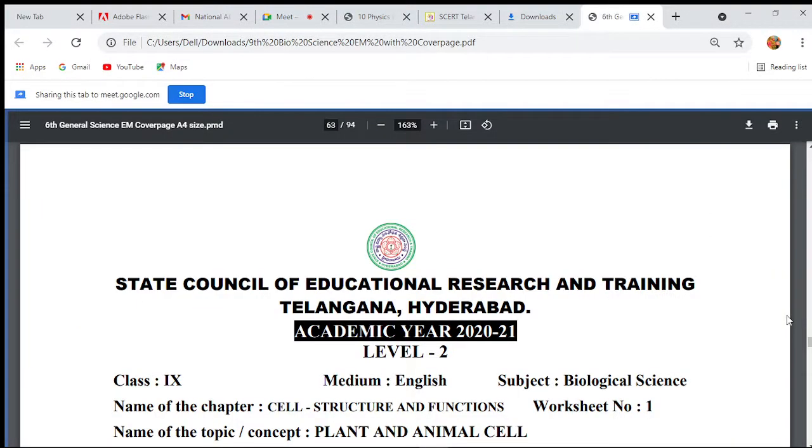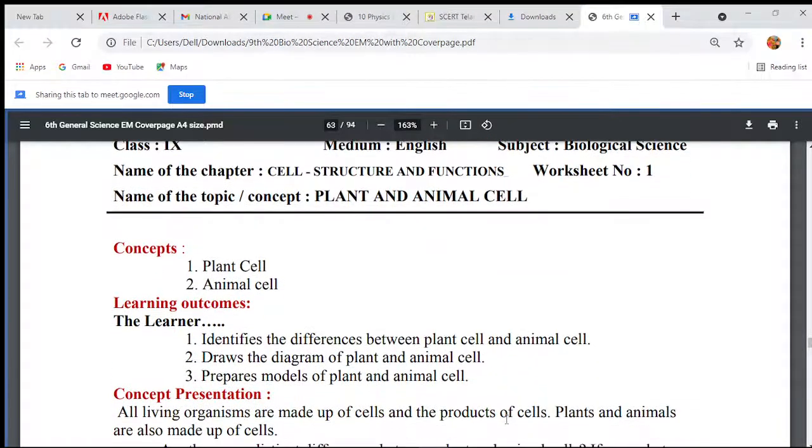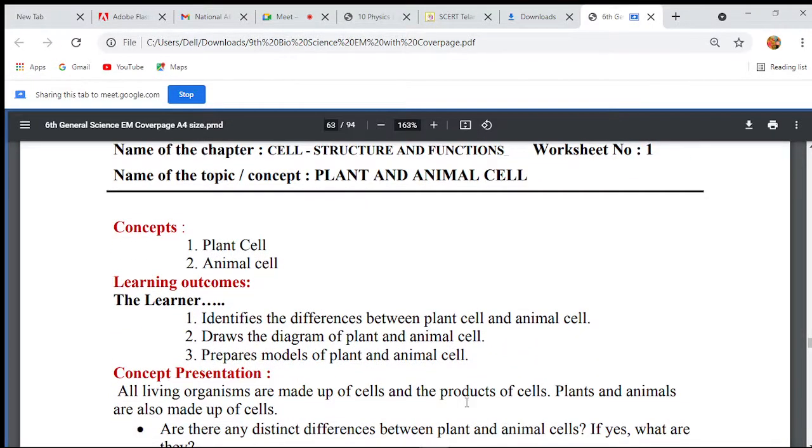Now in today's class we will be learning. In today's class, we are going to learn about the structure of plant and animal cell.